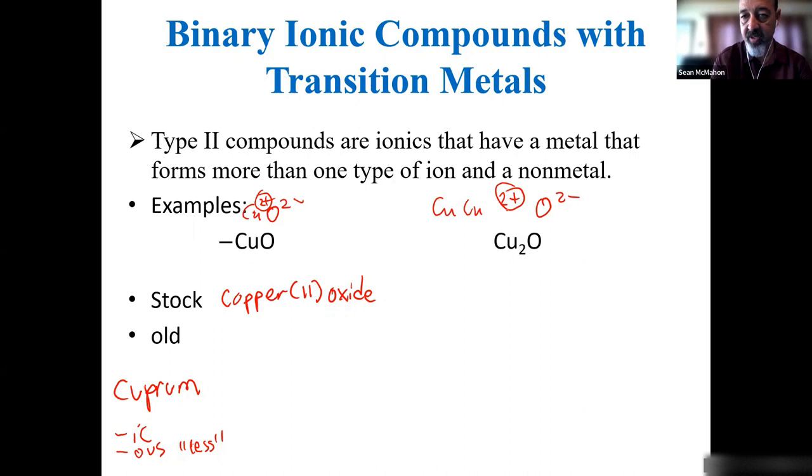So what I do is when I figure out the charge given by the anion, the total charge is a -2. I divide the total positive charge by the number of transition metals. So 2+ divided by 2 means that this must be copper 1 oxide, because each copper has a 1 charge.